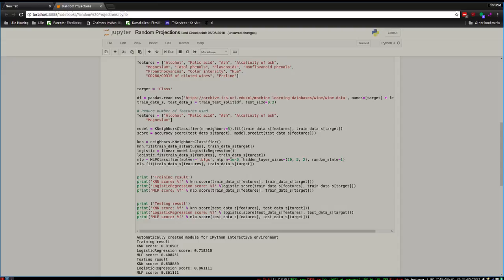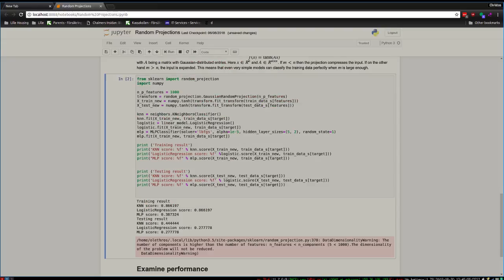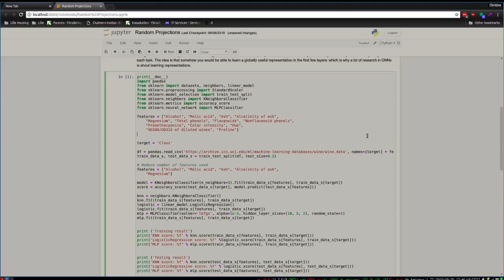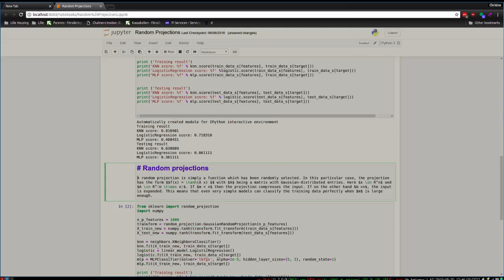And there's k-nearest neighbors. We can run them on this data set you have seen before. This is the wine data. It's a very simple data set. We have k-nearest neighbors, logistic regression, and the MLP. For the MLP, I have 3 layers, one with 10 neurons, the other with 5, and the other with 2. Then you can see the scores.